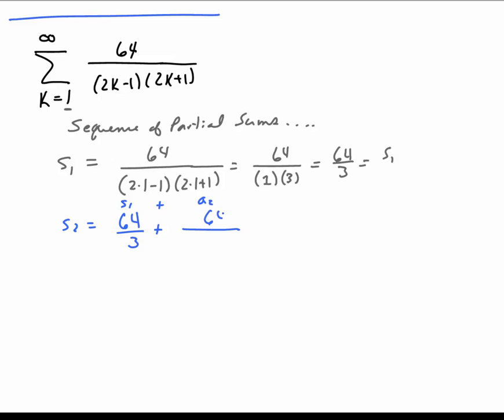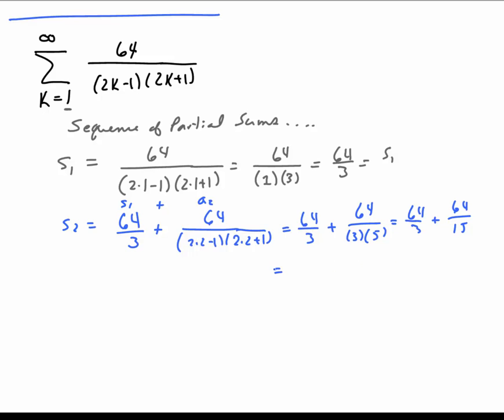So when I plug in a 2, I'll have 64 over (2 times 2 minus 1) times (2 times 2 plus 1). So the 64 thirds I'm dragging along because I already know this value from up above. And then my next term I'll have 64 over 2 times 2 is 4 minus 1 is 3. 2 times 2 is 4 plus 1 is 5. So I'll have 64 thirds plus 64 over 15.